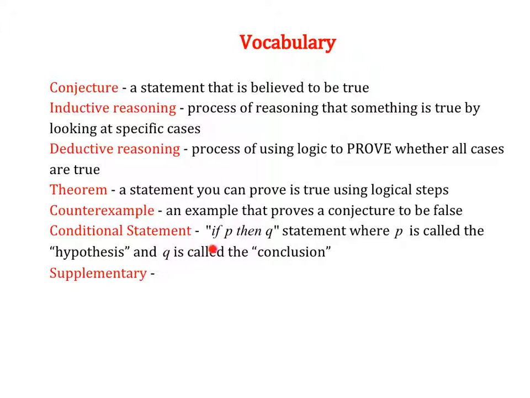It does need to have the words if and then, and we call the if part of the statement, the P, the hypothesis. This is an important thing to know. And the Q part of the statement, the then part, we call the conclusion. And last, in this new theorem we're going to use the word supplementary. Supplementary by definition means that it adds up to 180 degrees, which remember is just a straight line or half of a circle.